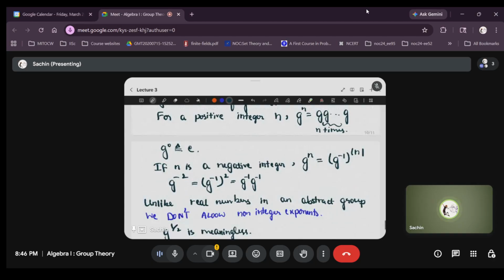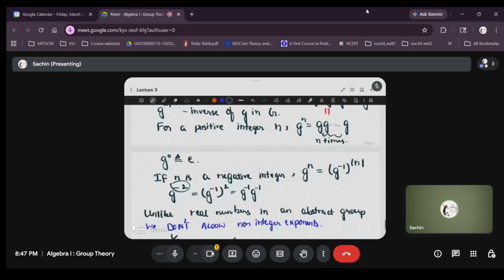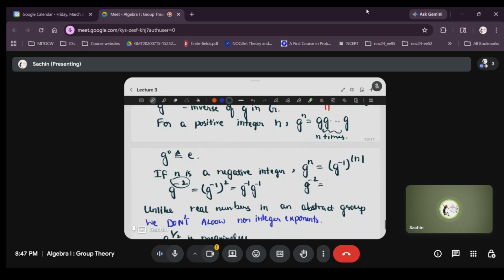That negative, it's still an integer. This exponent, -2, is still an integer, right? You can have negative or positive integer exponents, but it can't be a fraction. So when I say g power n is g multiplied n times, g power -2 can't be g multiplied -2 times, right?